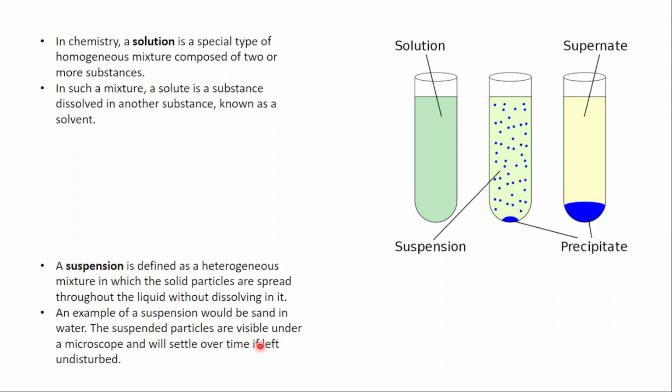The suspended particles are visible under a microscope and will settle over time if left undisturbed. So that's the same thing here. The blue precipitate that we see: if we allow the suspension of sand in water to just settle, keep it untouched, then it will settle down. The sand particles will settle at the bottom of the tube forming a sediment. So that is an example of a suspension.